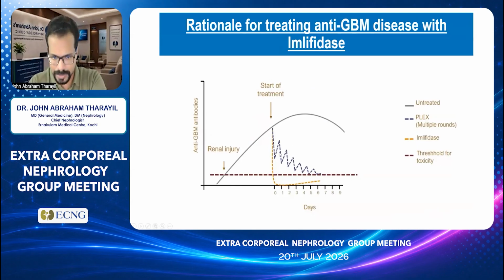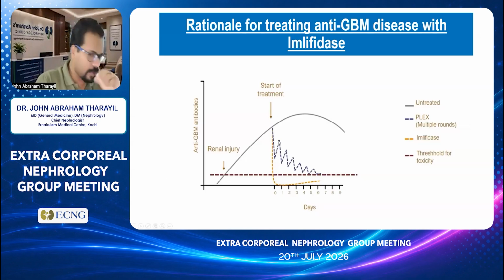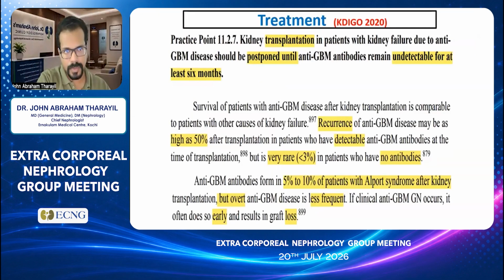Whereas in PLEX, about 60% of the anti-GBM antibody is removed on the first day. Again, from the extravascular space, the IgG comes back into the intravascular space, then you have a peak. Then with subsequent PLEX sessions, the anti-GBM antibodies come down. So imlifidase is promising, but as of now, it is still to be considered an adjunct.